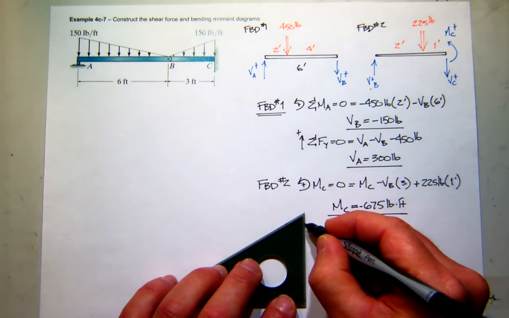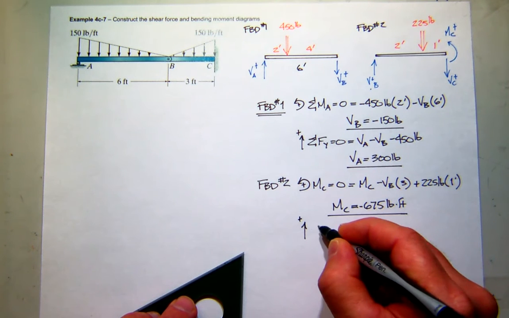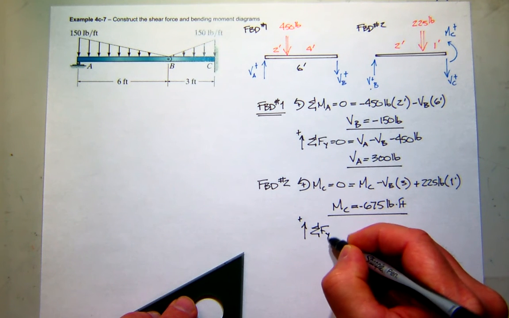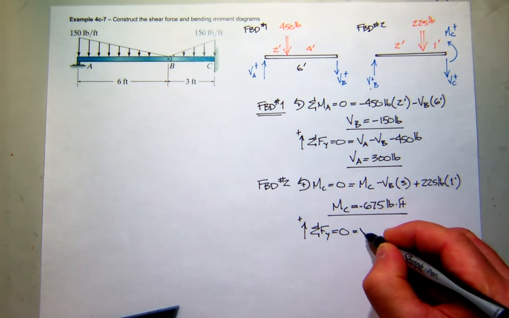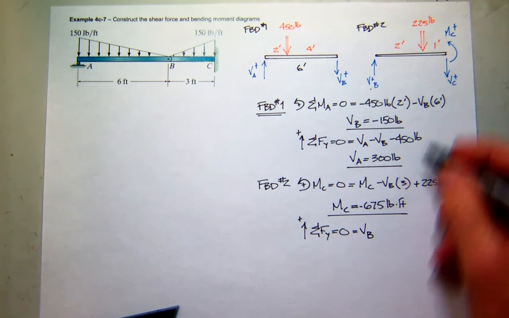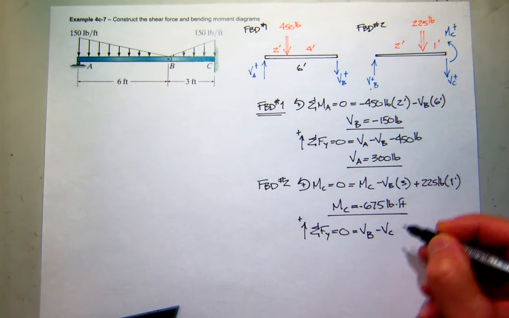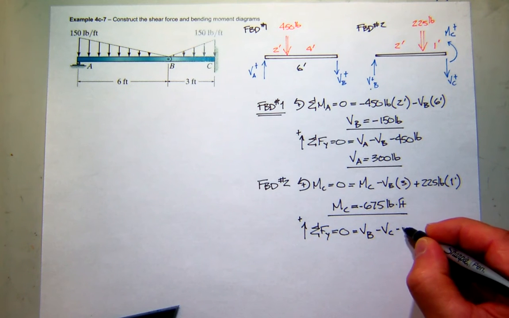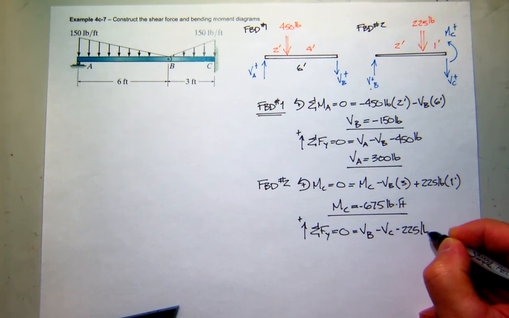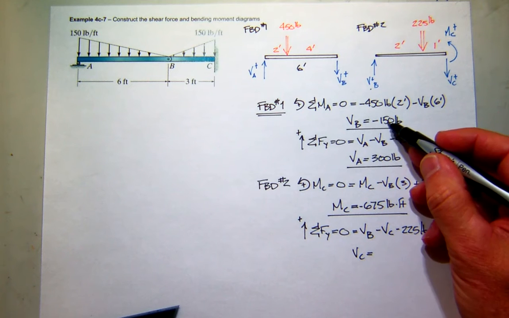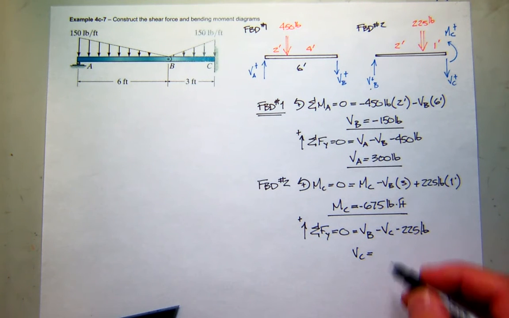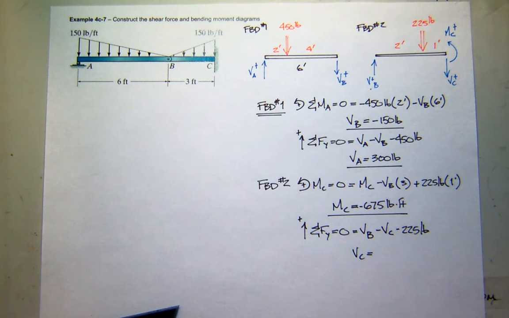And then I can sum forces in the y direction to make sure I'm in equilibrium. What do I have? I have my shear at B acting up, my shear at C acting down, and my applied force also acting down. So what is the shear at C? Remember, the shear at B is negative. So the shear at C is going to be, what is that, 375?